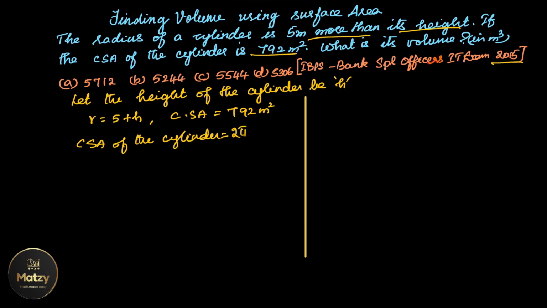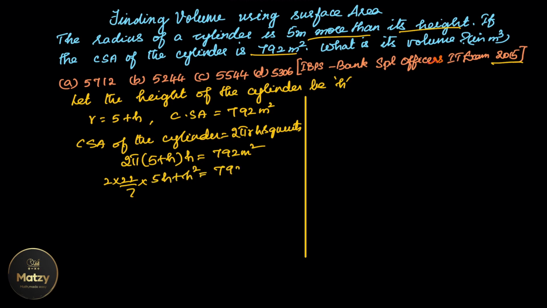So what is given in this problem? 792 equals 2 pi, what is r? 5 plus h, into h, is equal to 792 meters square. So 2 into 22 by 7 into (5h plus h square) is equal to 792.